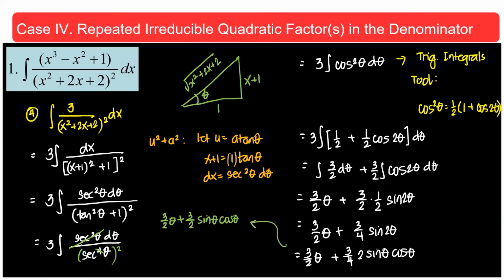All right, so let's plug in theta is the arctan of u over a, sine daw, opposite over hypotenuse, x plus 1 over square root of x squared plus 2x plus 2. Cosine is adjacent over hypotenuse, 1 over square root of x squared plus 2x plus 2.